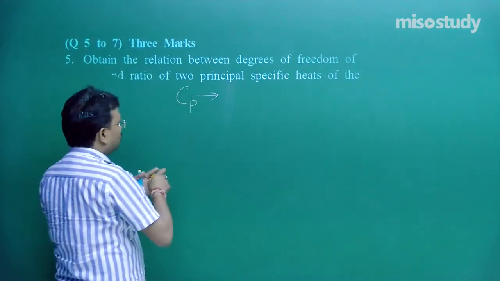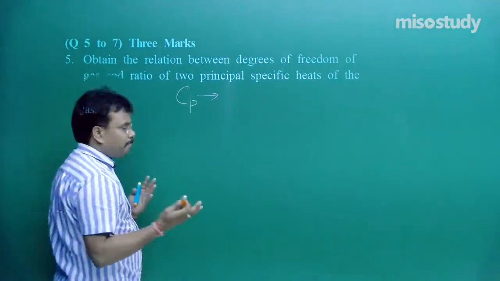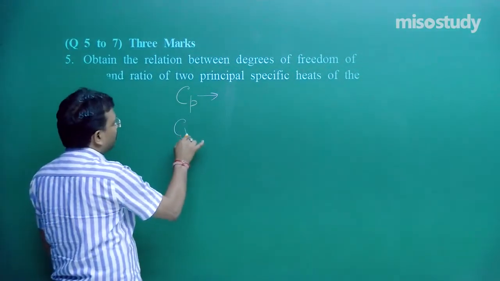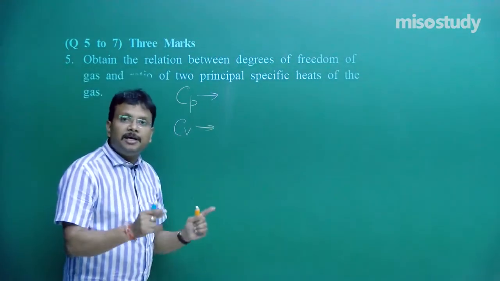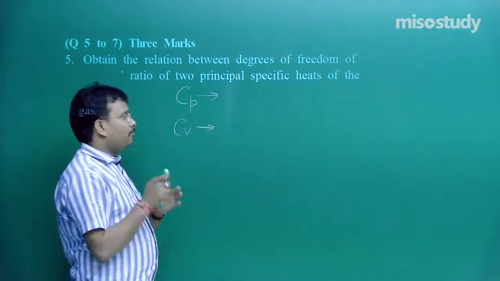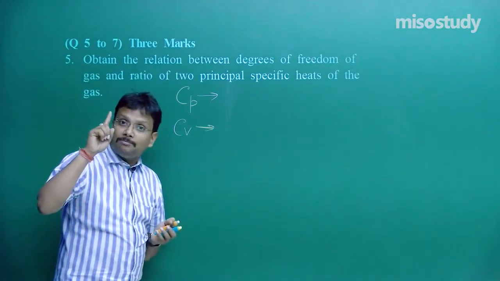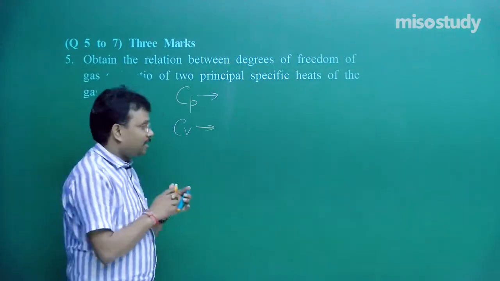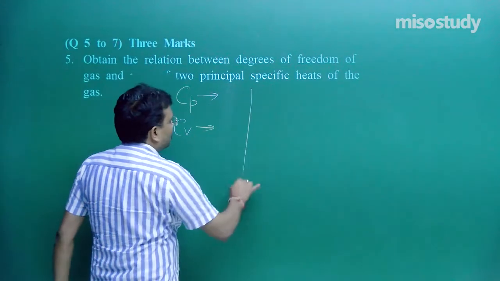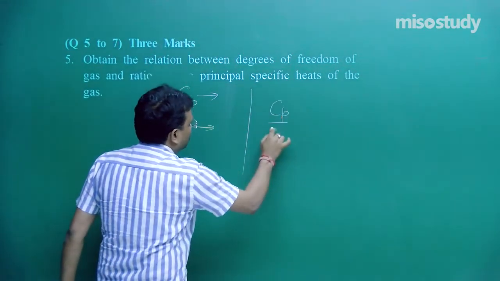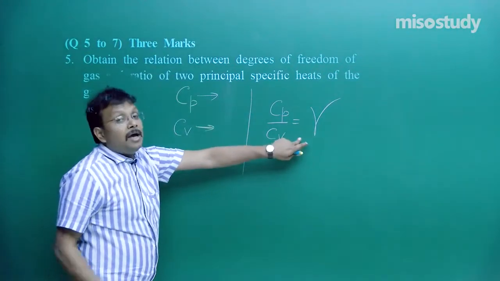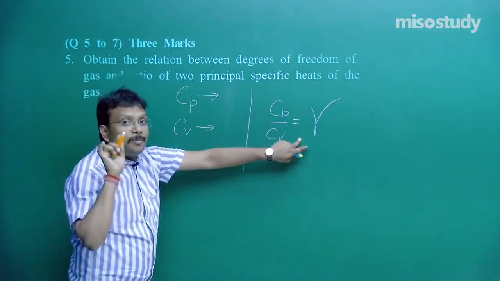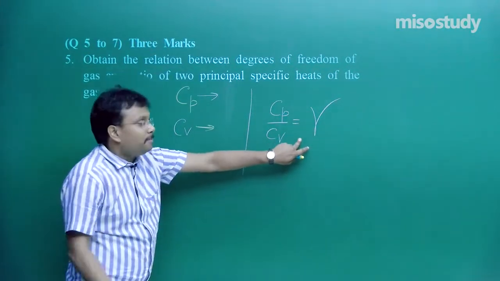Then number two, use different colors, pencils or pen, Cv, where Cv is specific heat at constant volume. Fine. Then the Mayer formula, that we already discussed, Cp upon Cv is equal to gamma. What is gamma? Define it: gamma is the ratio of the two specific heats, Cp upon Cv.